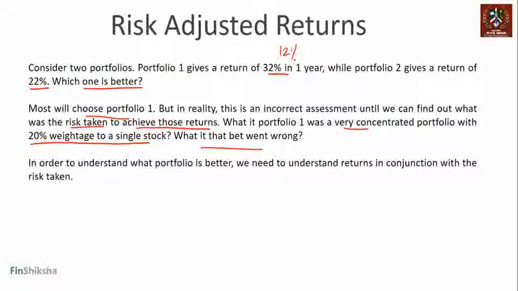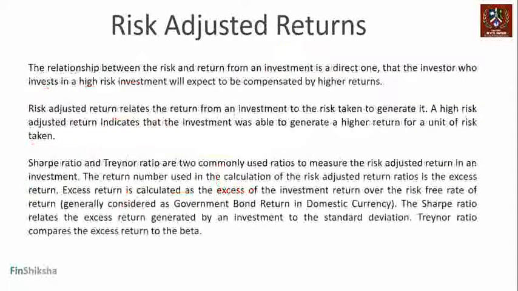So unless we know the extent of risk taken in the portfolio, or the relationship between risk and return, we cannot say which portfolio is better. In addition to the returns, we need to understand the risk that was entailed.